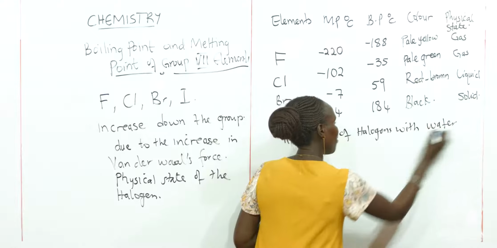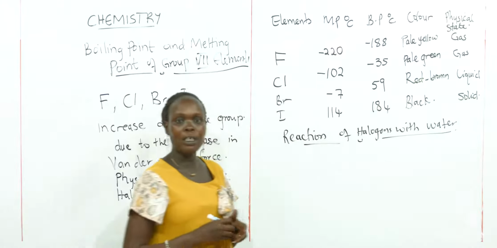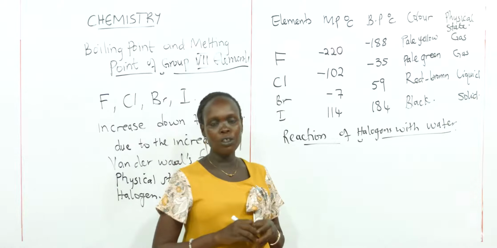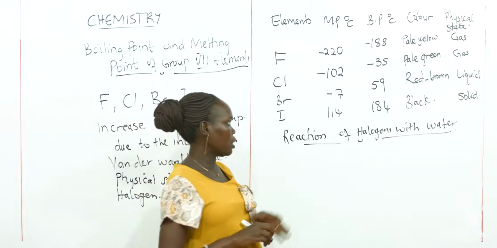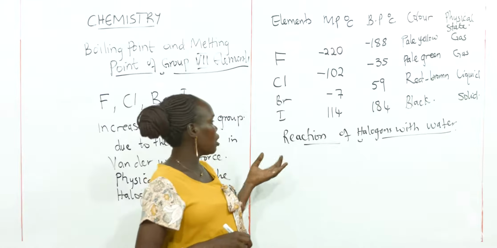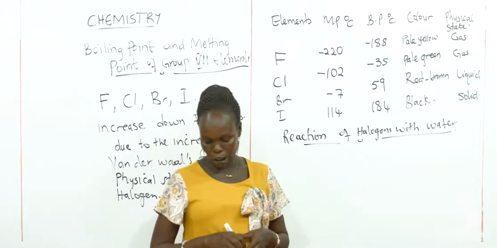So, reaction of halogens with water. What happens when one of these elements comes in contact with water, or when you put water inside a container, which is what we call a beaker or a conical flask? You join water with one of the halogens. What will be the results?